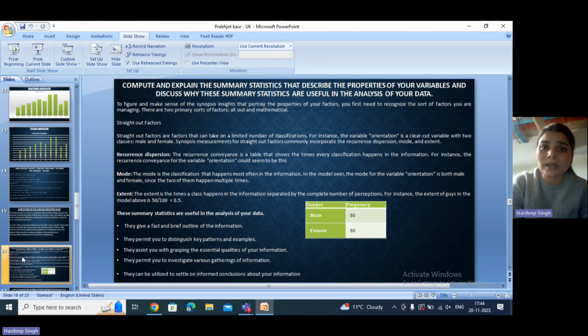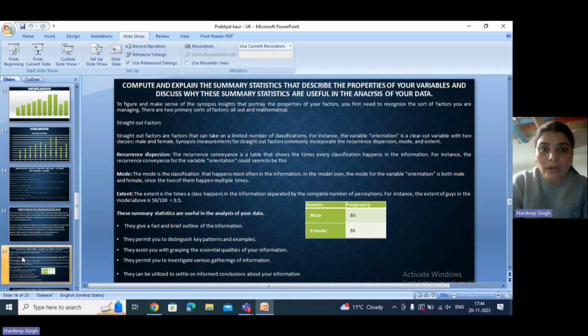Compute and explain the summary statistics that describe the properties of your variables and discuss why these summary statistics are useful. So here I just describe the figure. To make sense of the insights that describe the properties of your variable, you first need to recognize the type of variable you are dealing with.